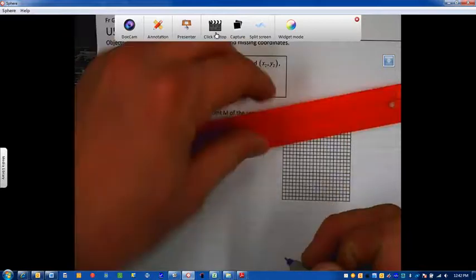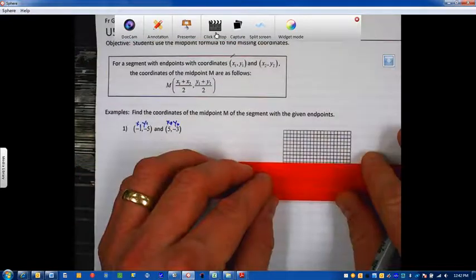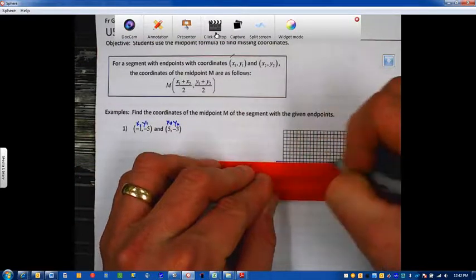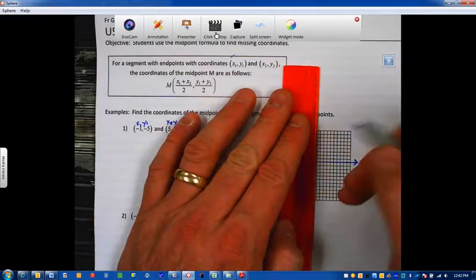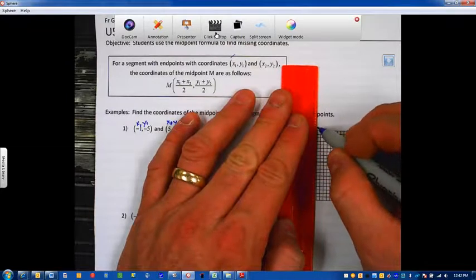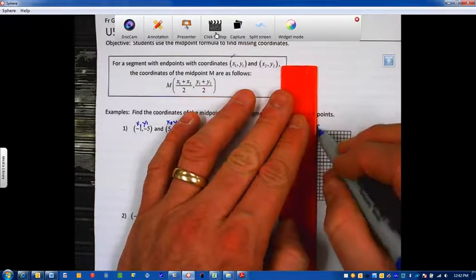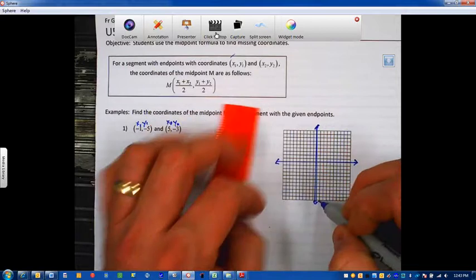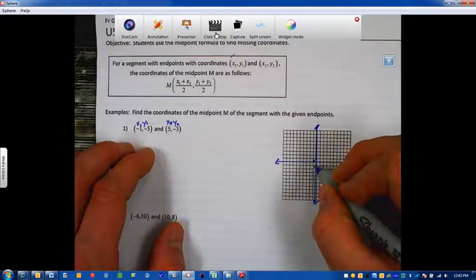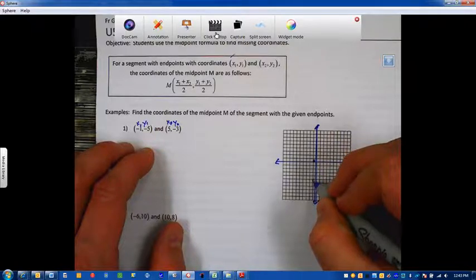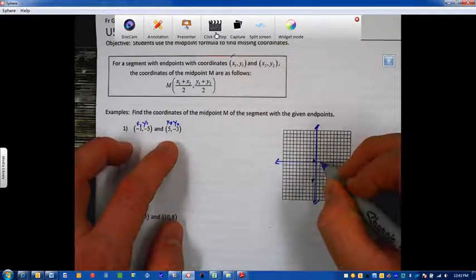I have a graph here, so real quick, just take a moment to draw some axes like this. That's crooked, but that's okay. Negative 5 is right here. 1, 2, 3, 4, 5.